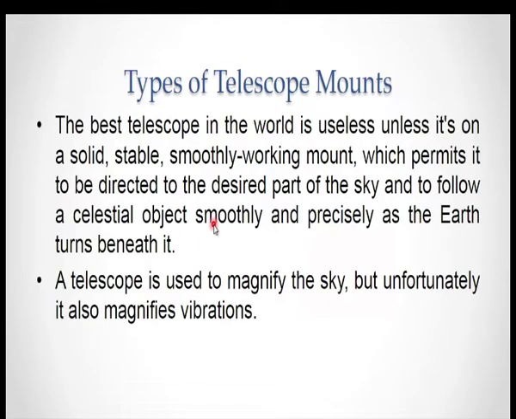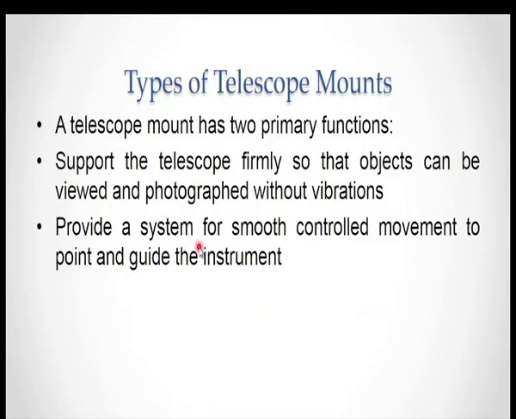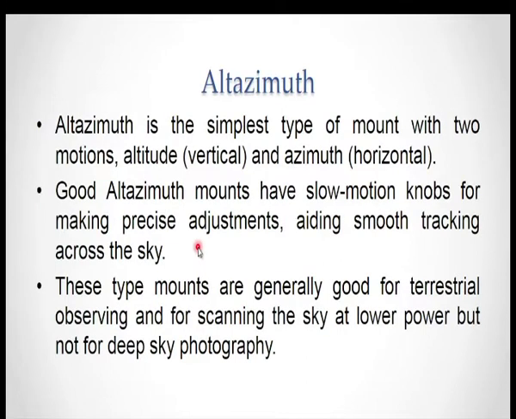A small hole can be made in the primary mirror to reduce the distortion produced even in this Cassegrain. Then coming to the types of mounts of a telescope, two mounts are used by astronomers. One is the alt azimuth mount, and the other is the equatorial mount. The alt azimuth mount is the simplest type of telescope mount.